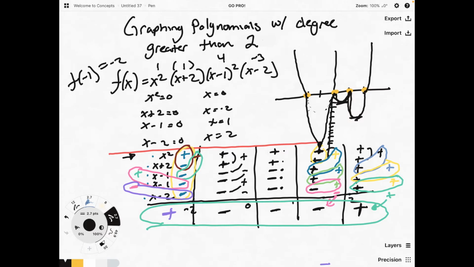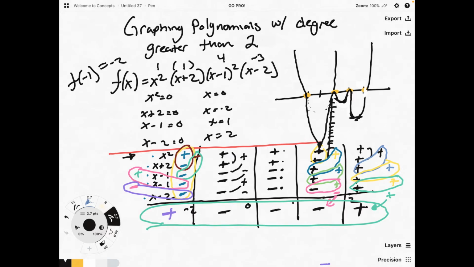And similarly, you can do the same between 0 and 1, and you can do the same between 1 and 2. And then of course, if you want your graph to be pretty, you can make these connection points curved so they look nice. And then you can also connect that a little bit better.